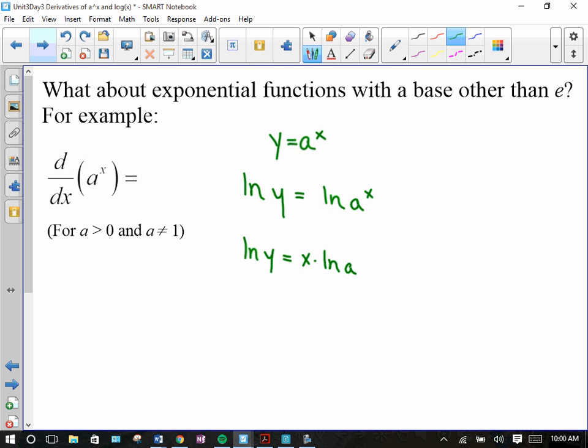And this is going to involve implicit differentiation. So what was the derivative of the natural log of y? Okay, so you have 1 over y times dy dx. Whenever you have a y involved in differentiating, just multiply by dy dx. That's equal to x natural log of a. So what would the derivative of that be?